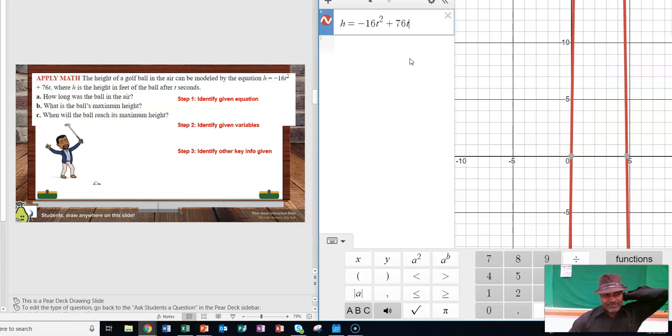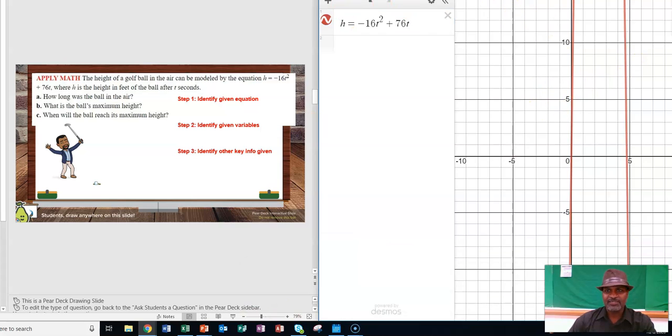We want to figure out 3 things: how long the ball was in the air, what was the ball's maximum height, and when will the ball reach its maximum height. So let's see if we can play with the window here so that we can see what's going on.